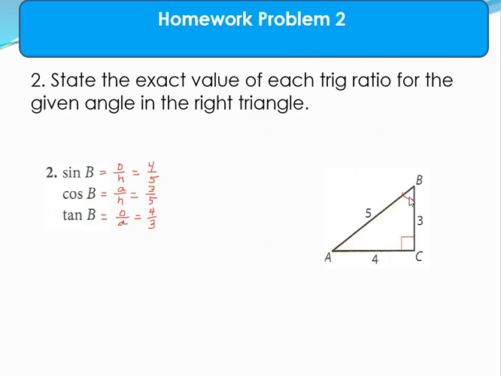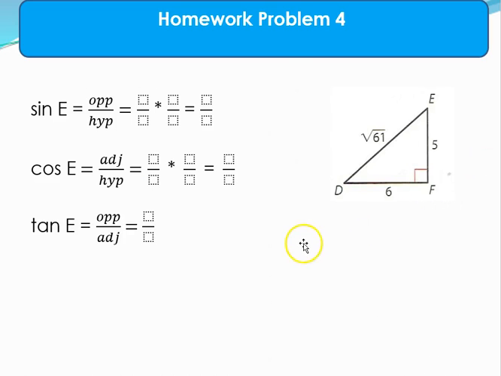And that's very simple. Where it gets complicated is when you don't have one of the side lengths. Let's take a look at problem 4. We have 3 side lengths. One of them is a square root. So we're going to go ahead and solve for the sine of angle E, and that will be opposite over hypotenuse.